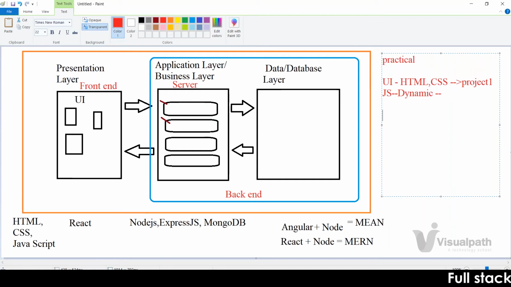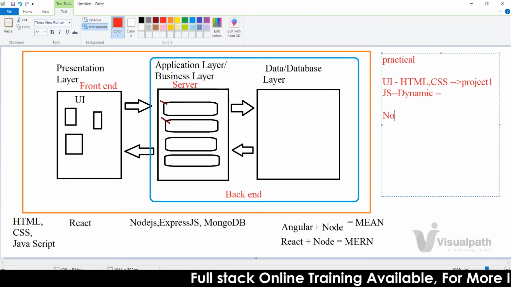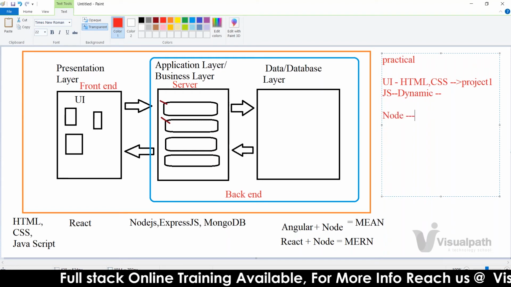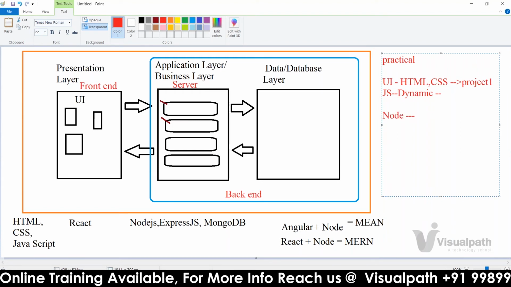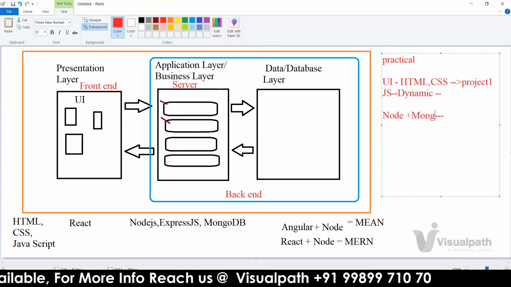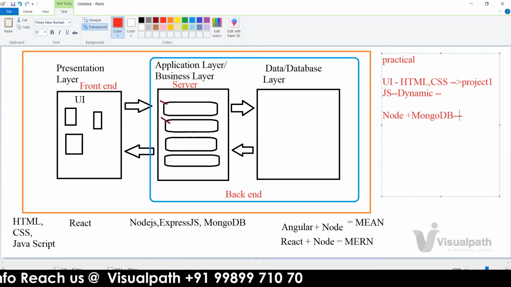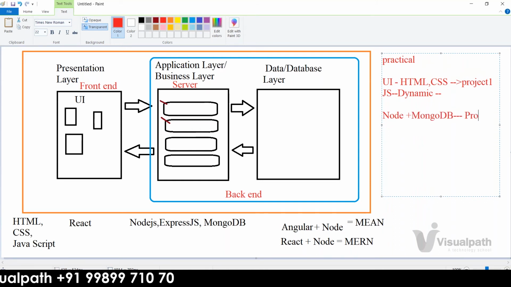Once that is done, next, assume we start with the backend, then purely using Node technology and MongoDB as a database, we'll be creating a complete, pure backend project. You understand? Next, either Angular or React, assume we are using React.